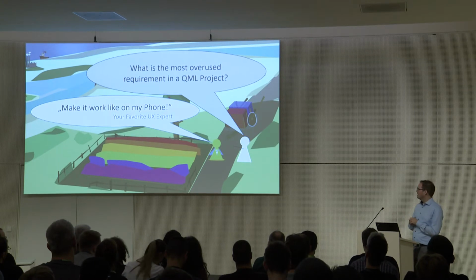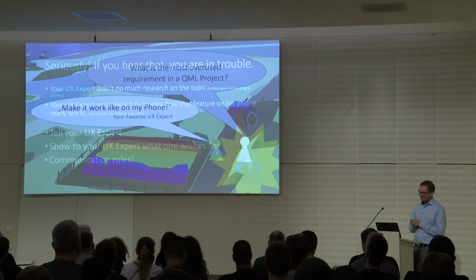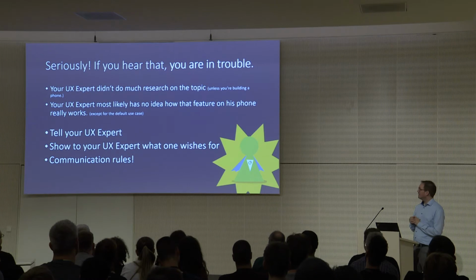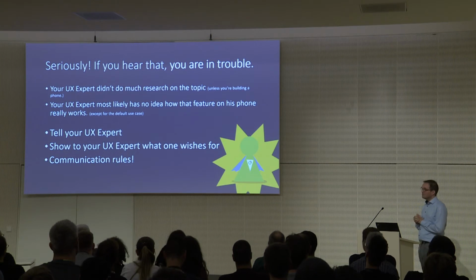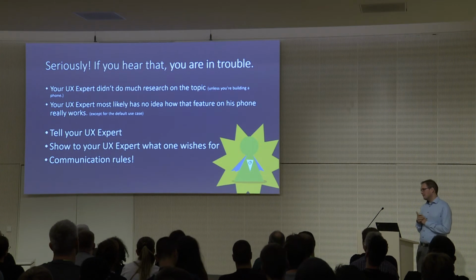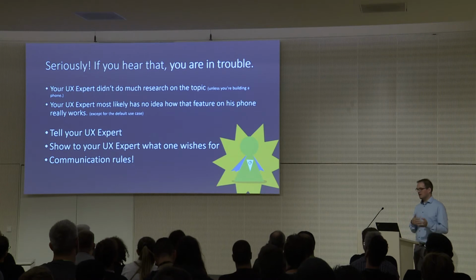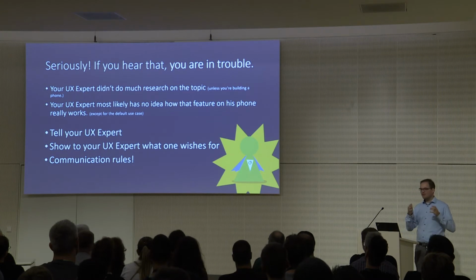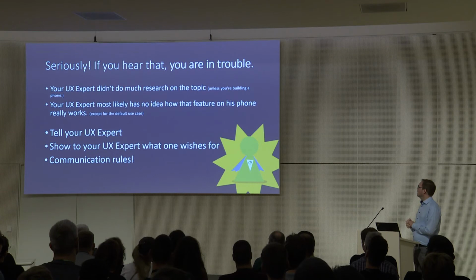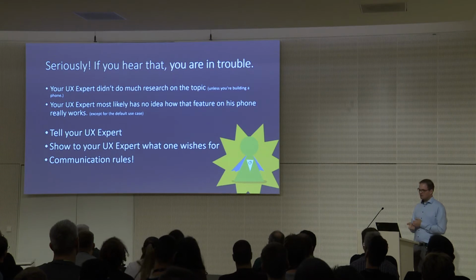It should work exactly like on my phone. Seriously, if you hear that, you're in trouble, because it tells you that the UX person or the product manager has no idea what he's asking for. He only knows the most common use cases. All the special cases are mostly unknown, well, except if you build a phone.